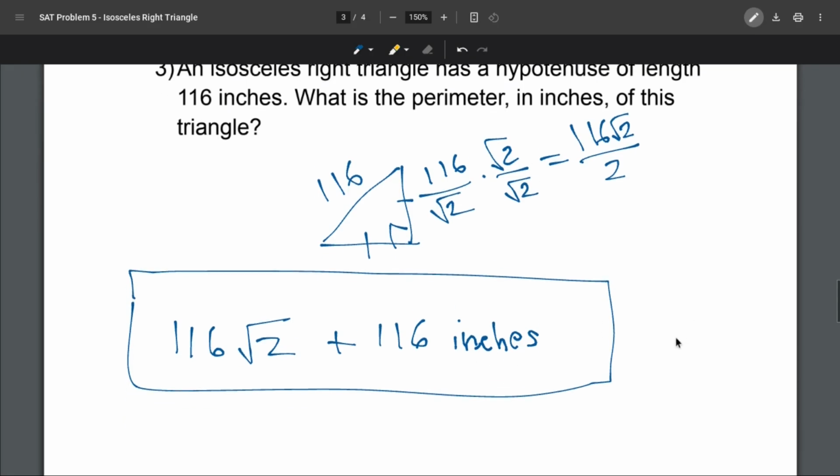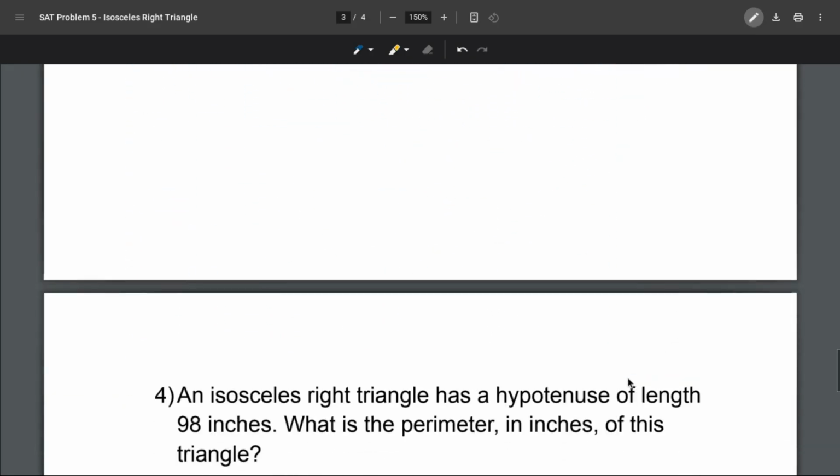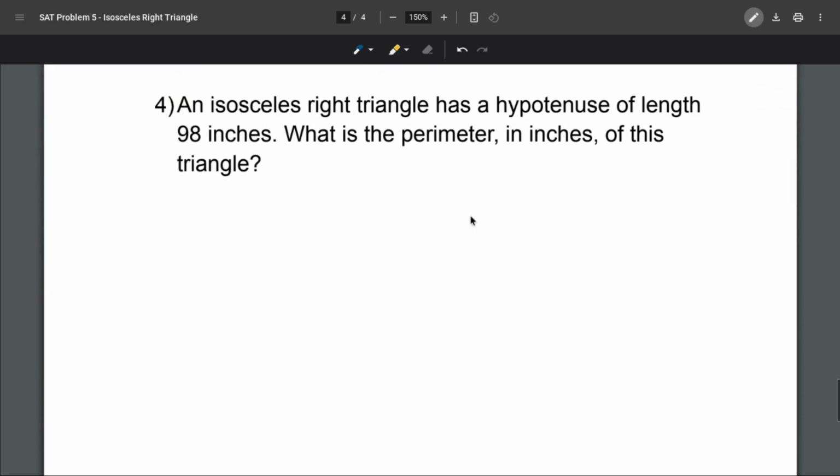All right, problem 4. An isosceles right triangle has a hypotenuse of length 98 inches. All right, so it's 98 inches here. Each of these sides is 98 divided by the square root of 2.